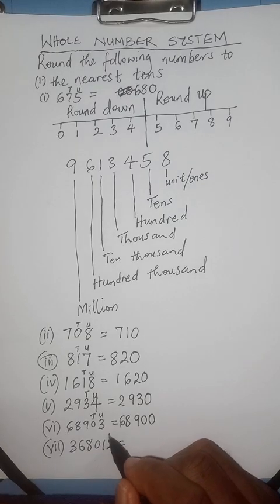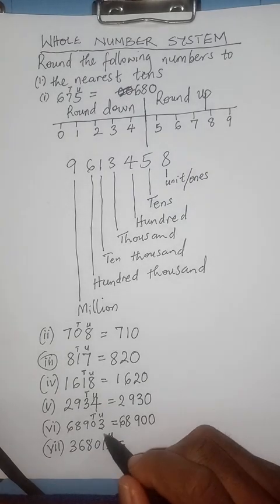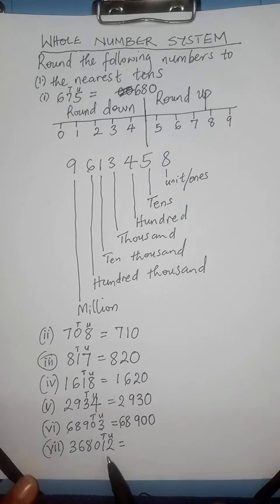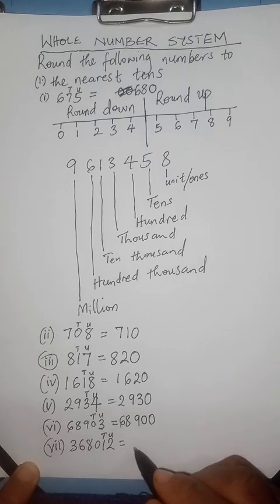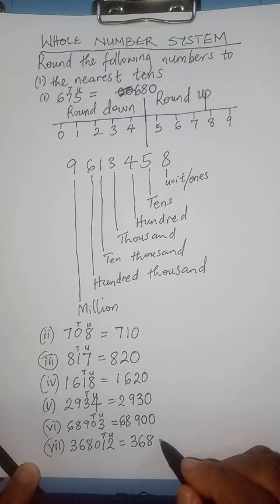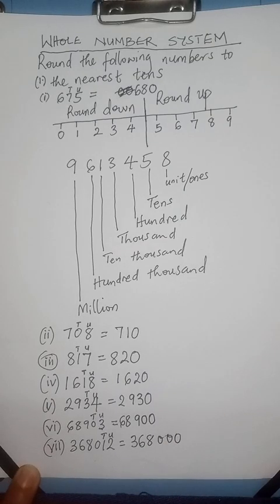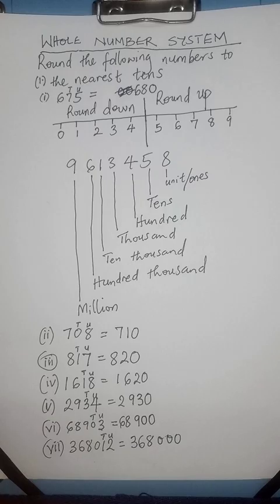This is my units, and this is my tens. Since the digit under the units is not greater than 4, I'm going to round down. Remember, we're rounding to the nearest tens. So this is going to be 368,000. Easy peasy, right?